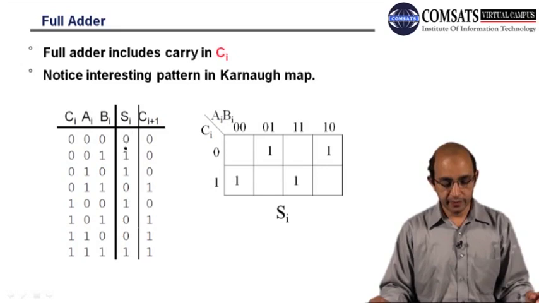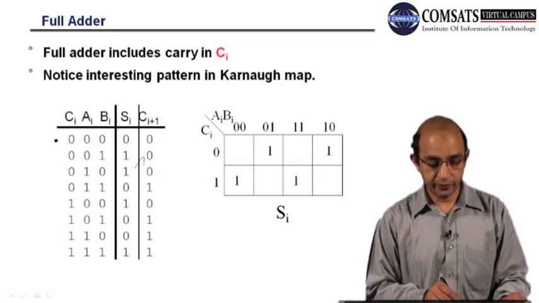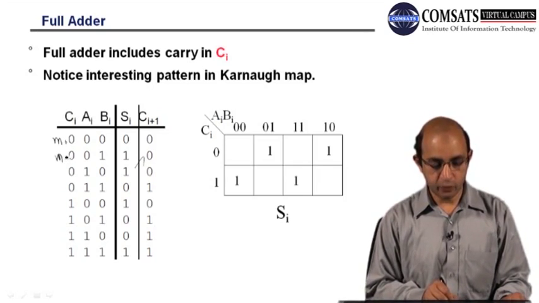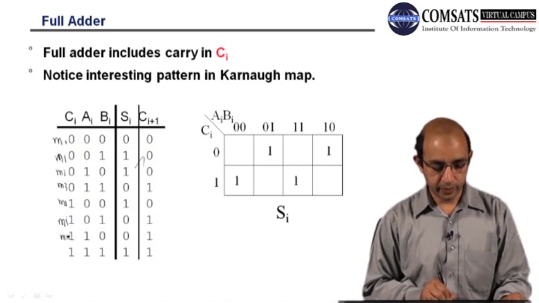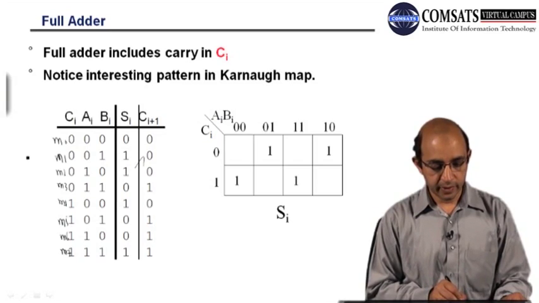Here, if I talk about the min terms, I have M0, M1, M2, M3, M4, M5, M6, M7. I have a 1 here, so I will be having Ci bar, Ai bar and Bi.